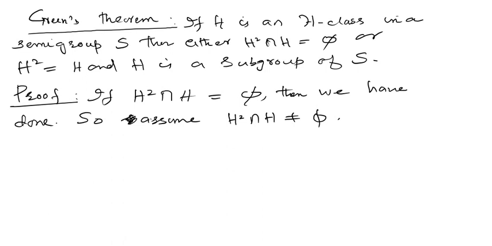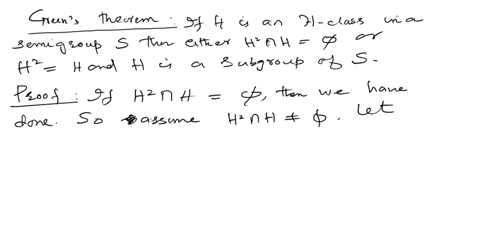H square must be equal to H. Clearly this H square, I don't know whether it's a subset or not, but let us take an element in H. Since the intersection is non-empty, let's choose an element.